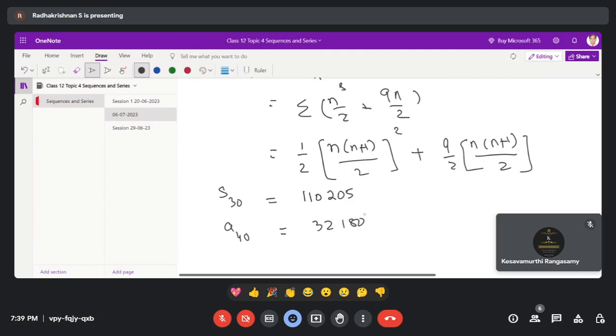So you can check it out. Therefore, the required value is S30 minus A40, which is equal to 110,205 minus 32,180. So this comes to 78,025.